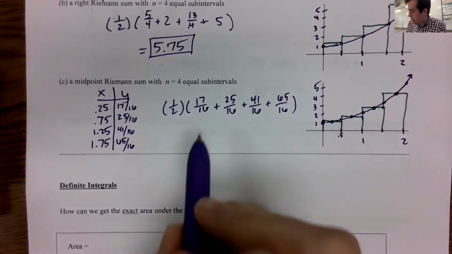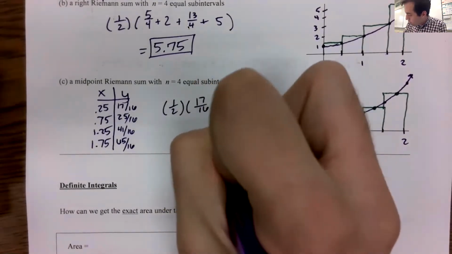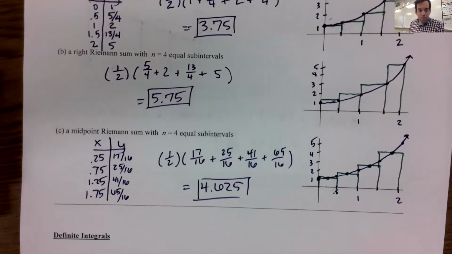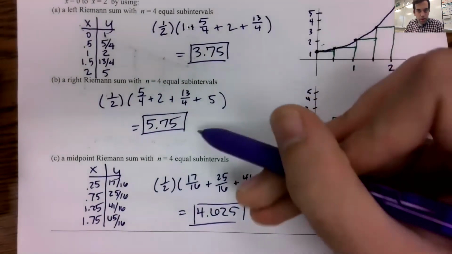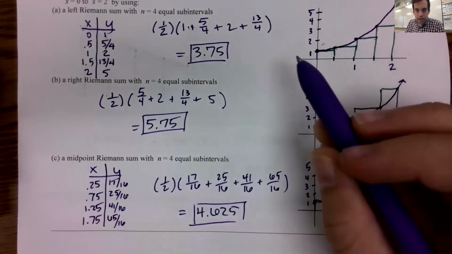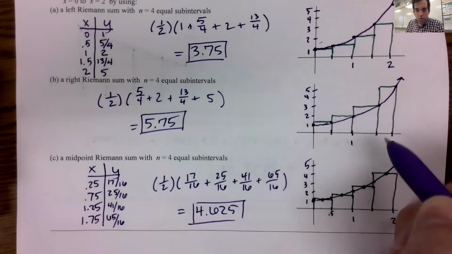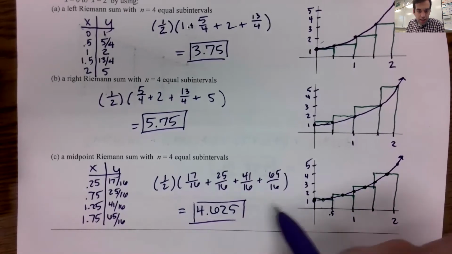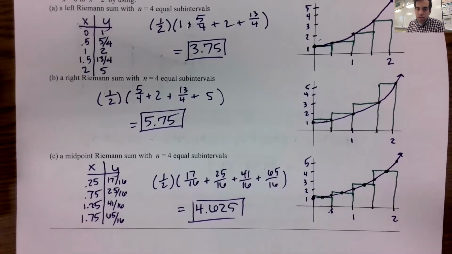And when we add these together and multiply by half, we're going to end up with 4.625. And you can see that that number is between the other two approximations because it's not quite an under or overestimate. It's just a pretty close estimate. I'm not sure exactly how close this is to real life, but it's pretty close, right?